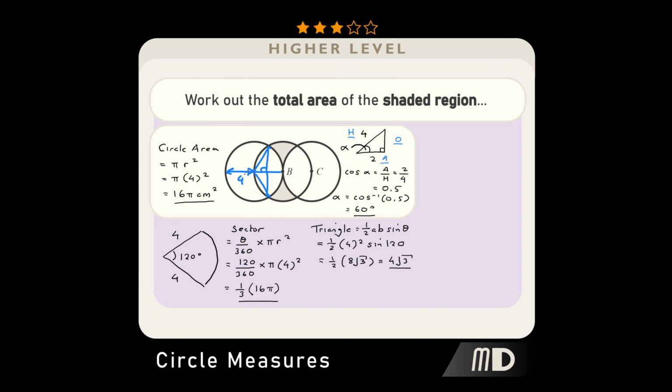We can subtract the area of the triangle from the area of the sector to find the area of the segment. So the area of the segment is equal to 16 thirds of pi minus 4 root 3.